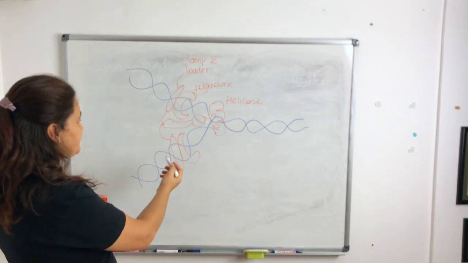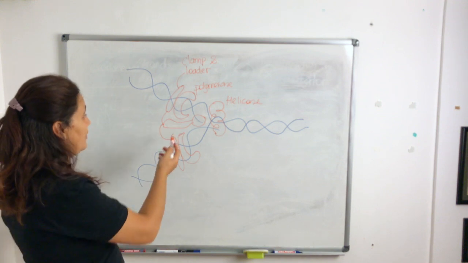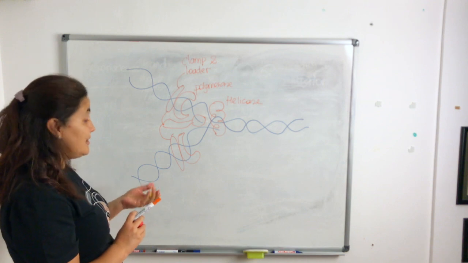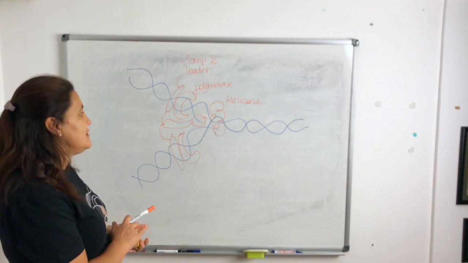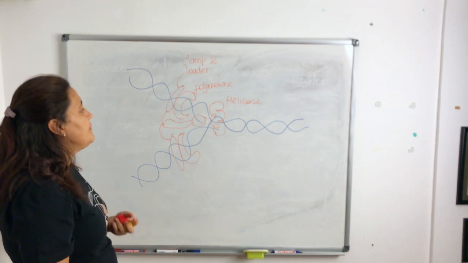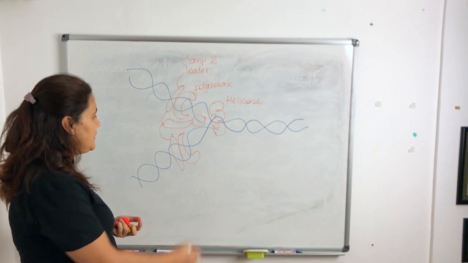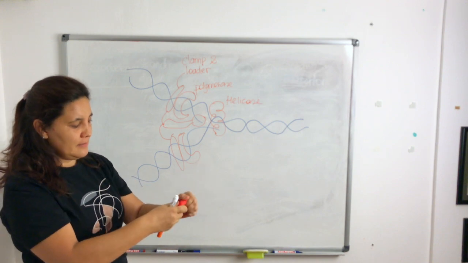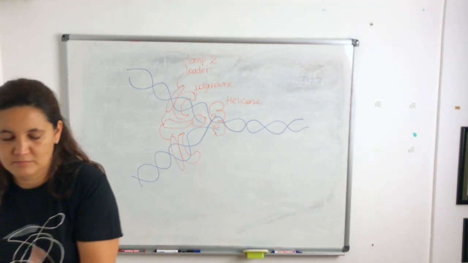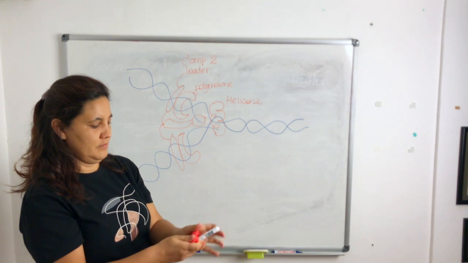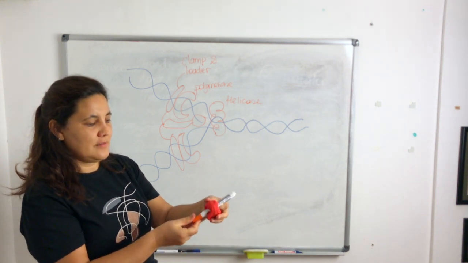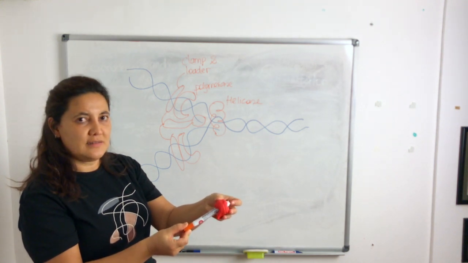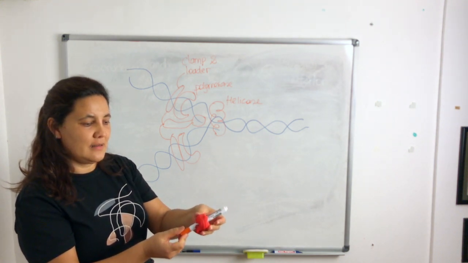Although this looks like an unnecessary protein, because it doesn't have any enzymatic activity, it just loads the clamp, it has a crucial role, because in the lagging strand, the polymerase synthesizes, and then it has to jump over to the other part and synthesize again.